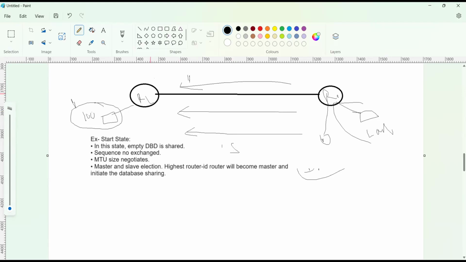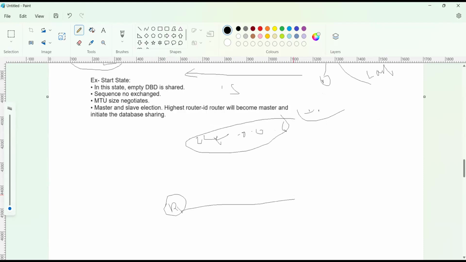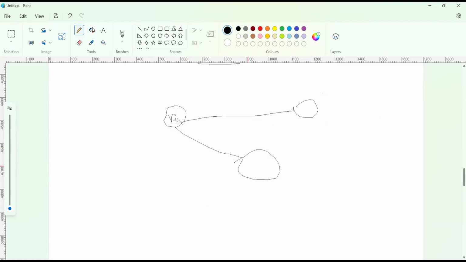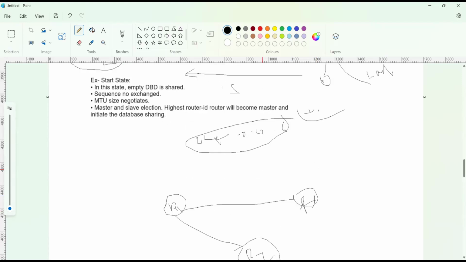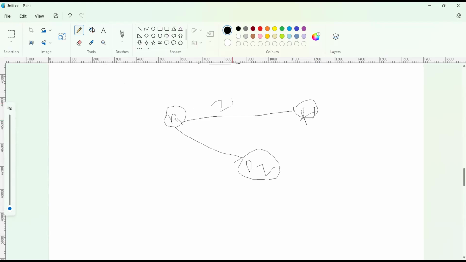Whichever topology changes, whichever information is required, the master router will send to the slave routers, with the help of this multicast IP address 224.0.0.6.